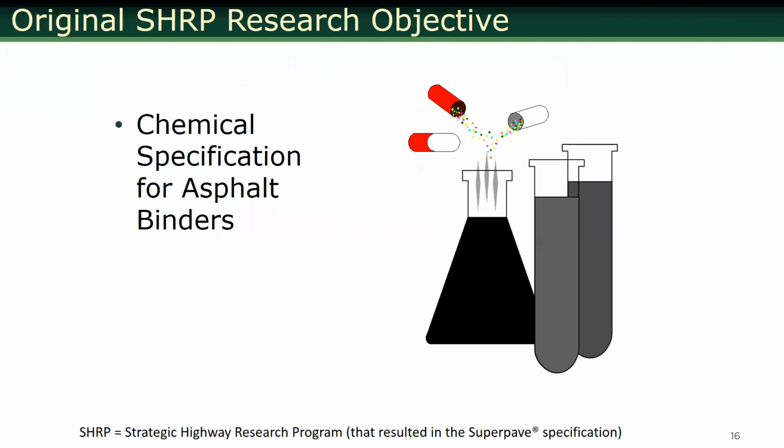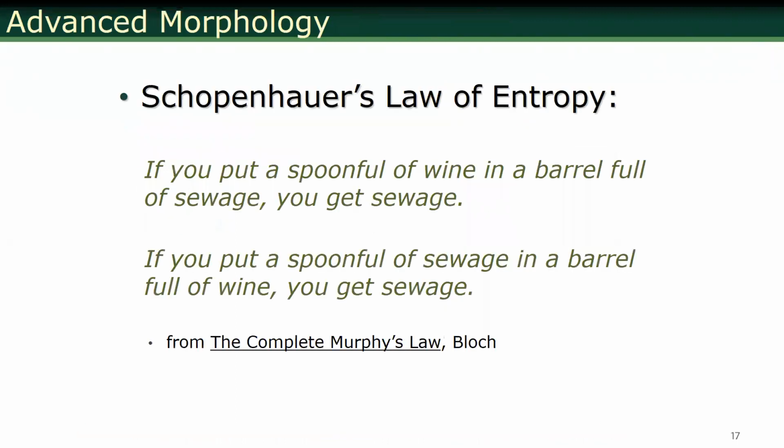Now, the original Strategic Highway Research Program objective was to modify the chemical specification for asphalt. So as SHRP researchers, they wanted, okay, here's the recipe for the chemistry of asphalt, and use that. And then they probably came across this: if you put a spoonful of wine in a barrel full of sewage, you get sewage.